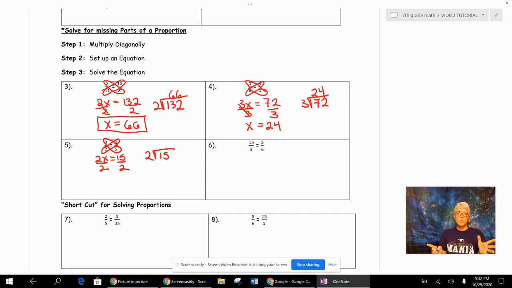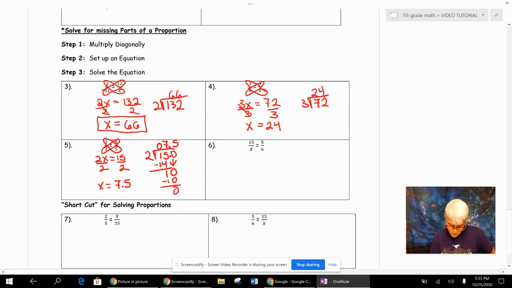So feel free to pause right now if you'd like. All right. 2 goes into 0, 1 zero times. It goes into 15 7 times. Add a decimal, bring it up. Add a 0, bring it down. 2 times 5. So x has a decimal in it. That happens, and that's okay.